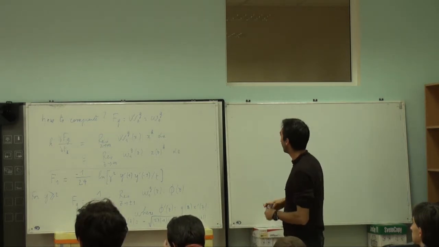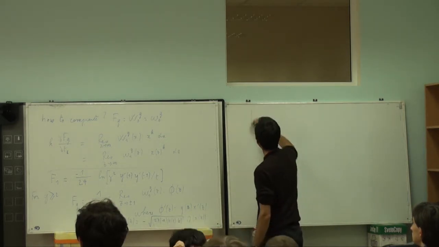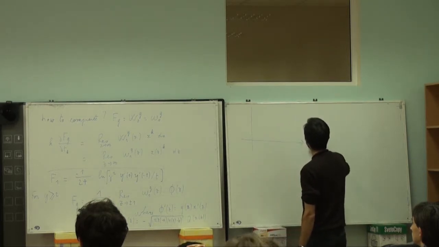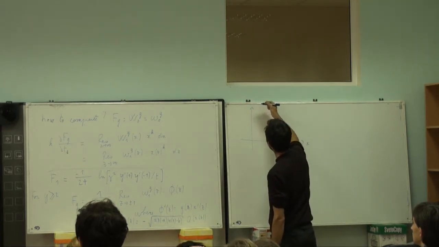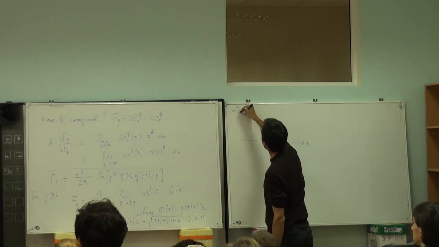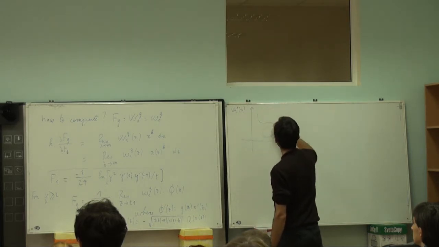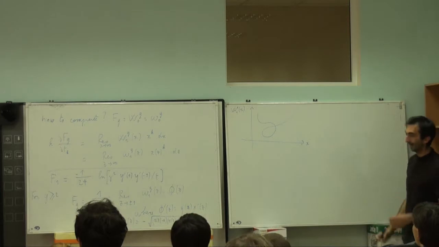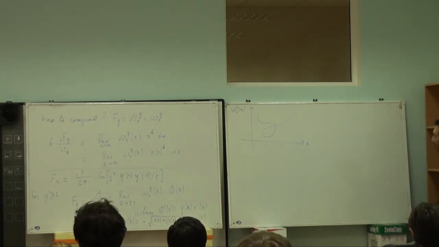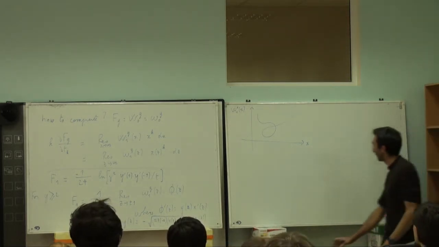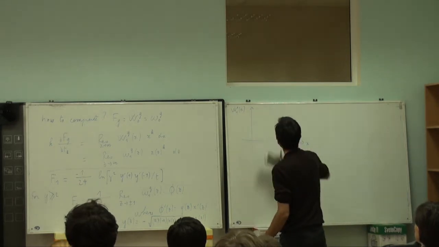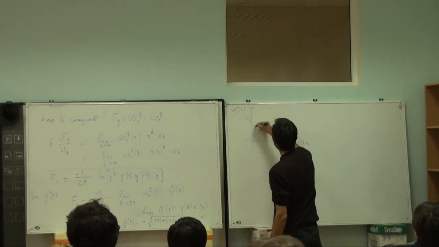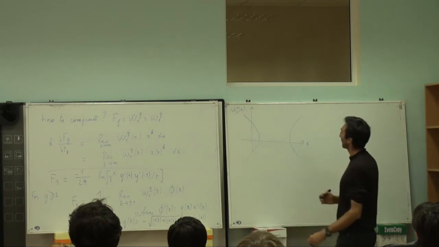In fact, the other day I said that this curve, if you plot x and w10 of x, is a certain curve in the complex plane. If you plot only the real part, it looks like that.